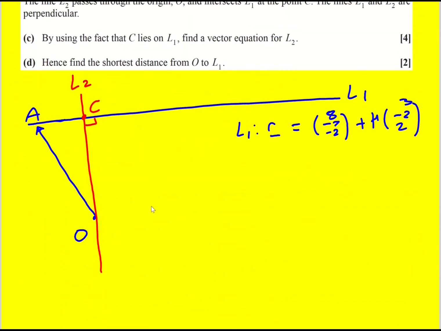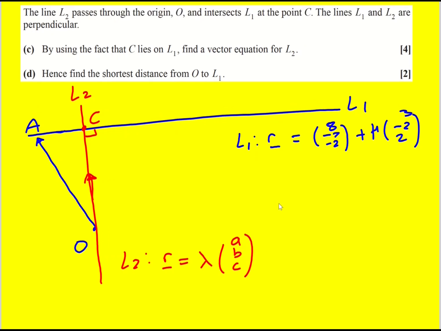So what we can say about L2 is that it's going to be some multiple of a direction vector, which we don't know what it is. So I'm just going to call it A, B, and C. Now we do know that they are perpendicular. And so what that means is that the direction vectors are perpendicular.